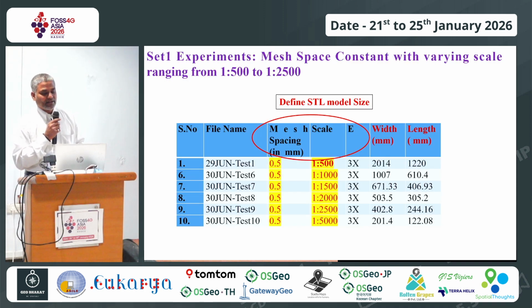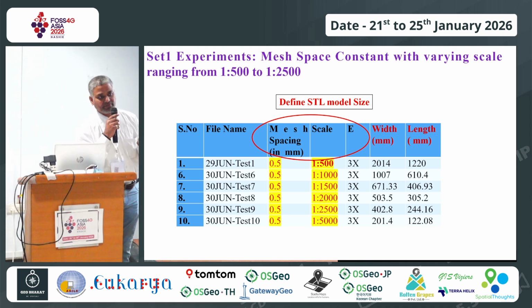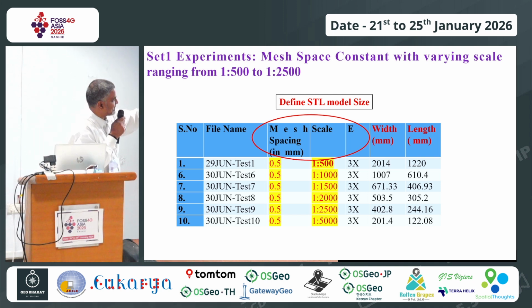I started to play with the various parameters within the constraints of QGIS. The plugin is Shape to STL, which is the one I am using. These three parameters I have control over: spacing, scale, and exaggeration. There are many experiments I have done, and one particular parameter I purposely have not captured.